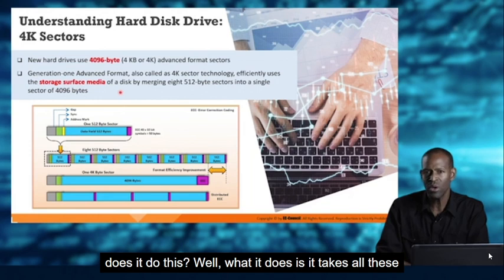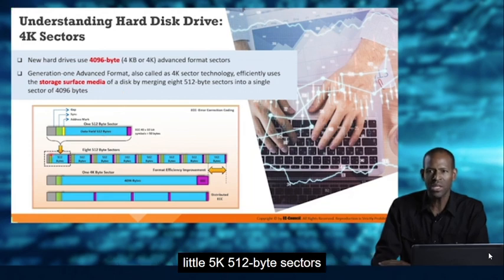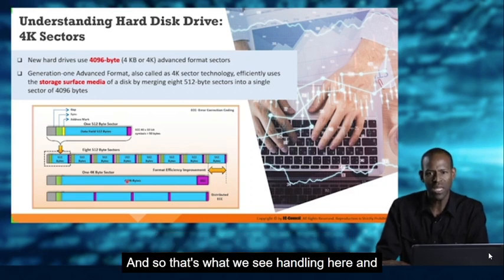How does it do this? Well, what it does is it takes all these little 512 byte sectors and merges them into a single 4096 byte sector for more efficient handling. And so that's what we see here.